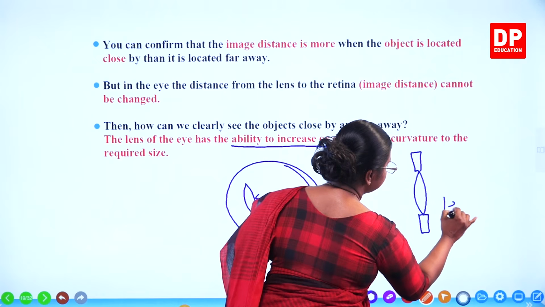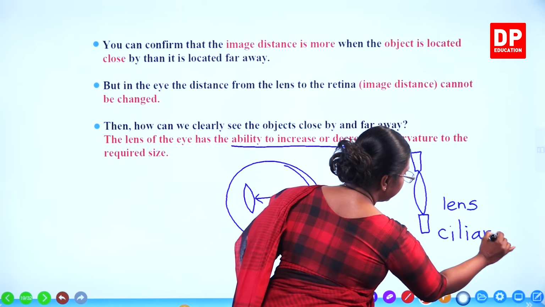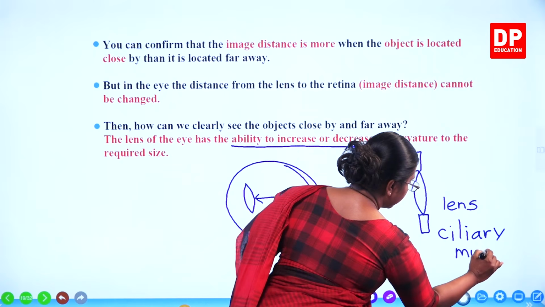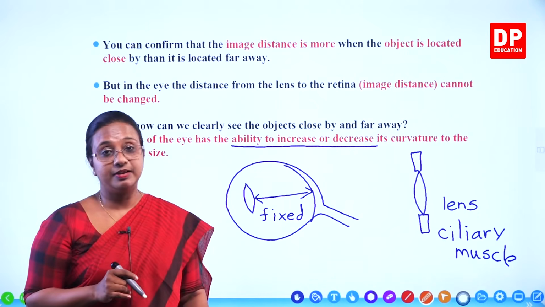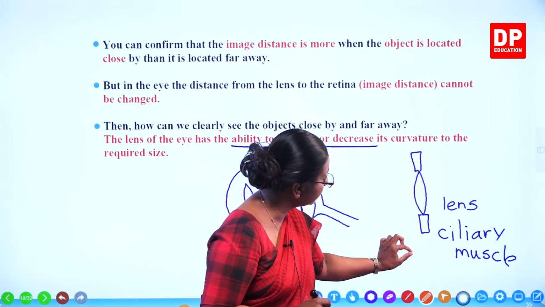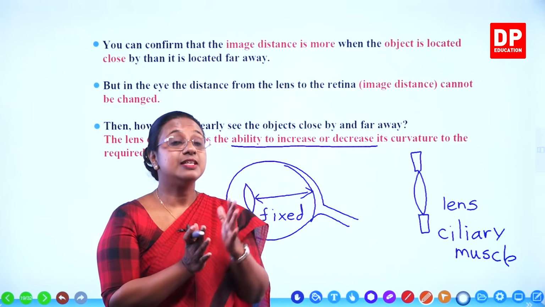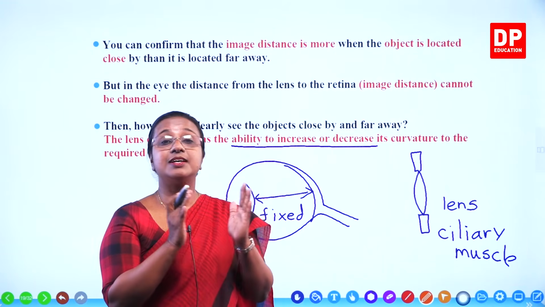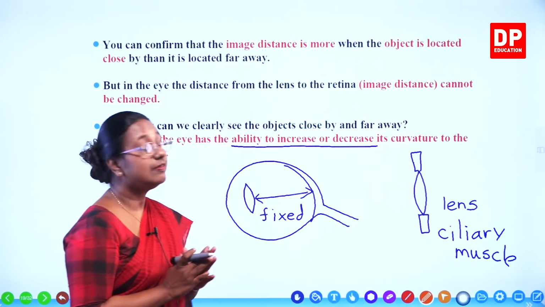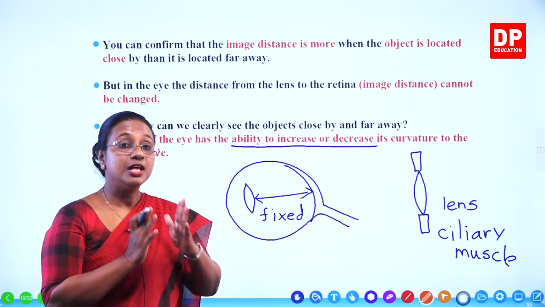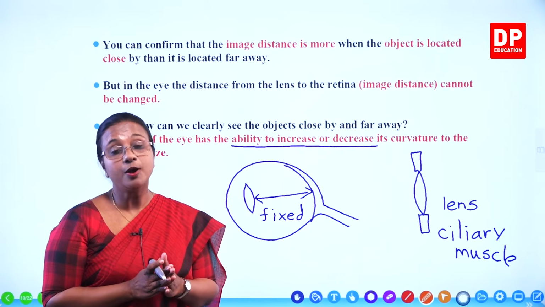This is the lens and this is the ciliary muscle. The ciliary muscle helps to change the curvature. When the ciliary muscle contracts, the lens becomes thin, and the curvature decreases. When the ciliary muscle relaxes, the curvature increases. By that way, the curvature of the lens can be changed. Thereby, you can see close objects as well as far away objects.